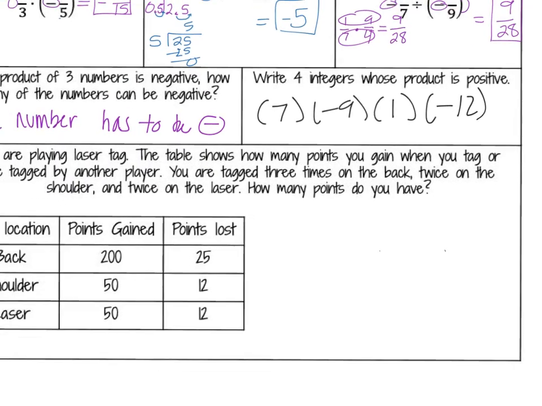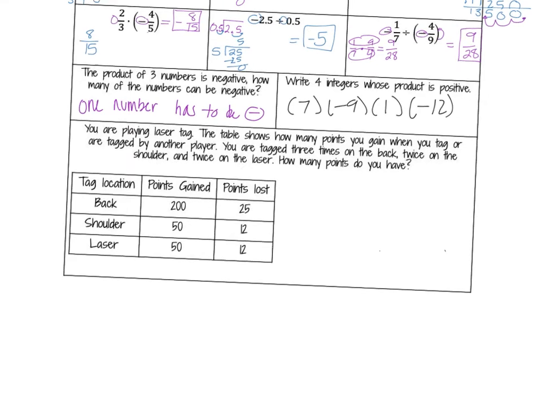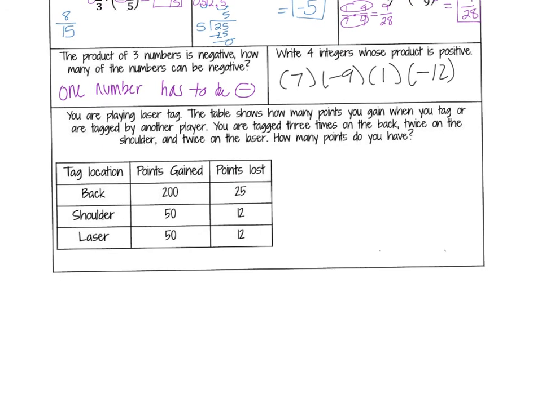Alright, last but not least, we have a word problem. You are playing laser tag. The table here shows how many points you gain when you tag or are tagged by another player. You are tagged 3 times on the back, twice on the shoulder, and twice on the laser. How many points do you have? Okay. 3 times on the back, 2 times on the shoulder, and 2 times on the laser.